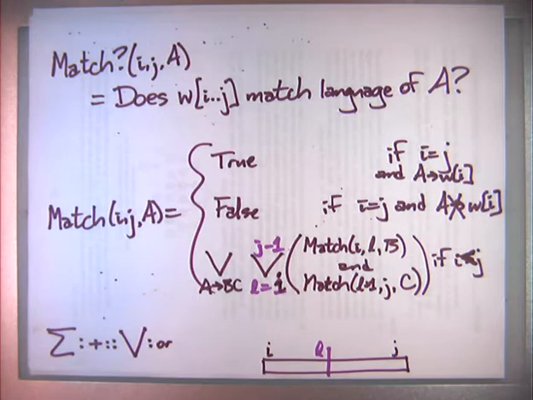I think now is a good point for me to stop and say, somebody ask me a question, please. Oh, I'm trying all production rules of the form A to BC.